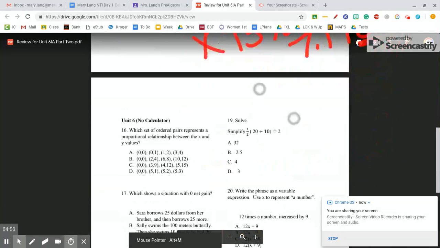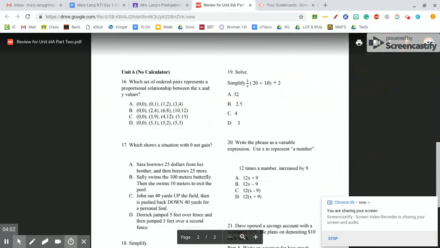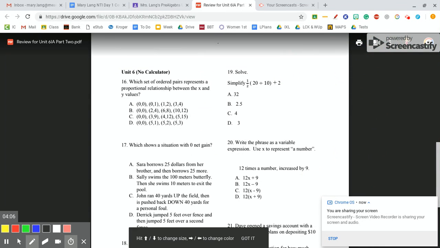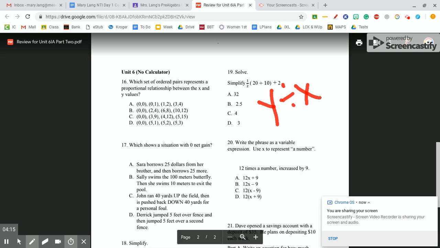All right, scrolling down to number 16. These are my no calculator problems. So it must know which word pairs a proportional relationship. So I've got to take y divided by x and see which one gives me the same numbers each time.